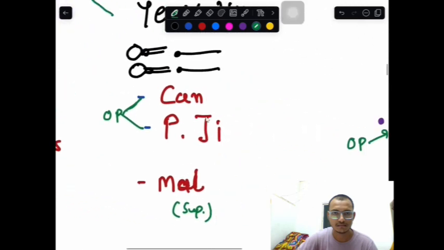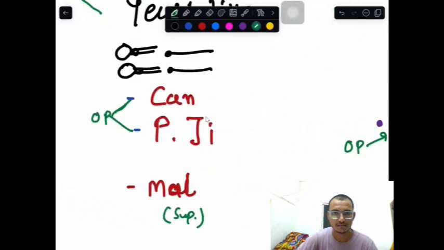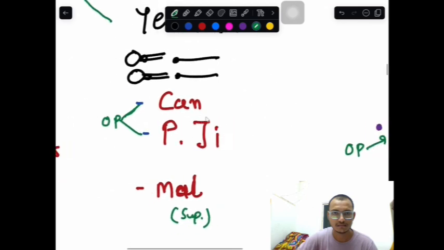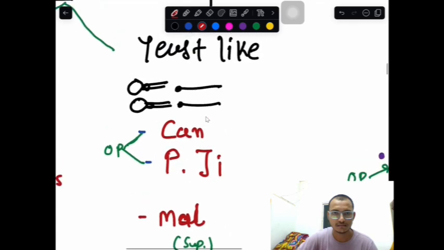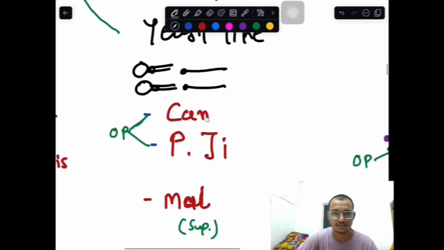The second one is yeast-like. What is the yeast-like condition?